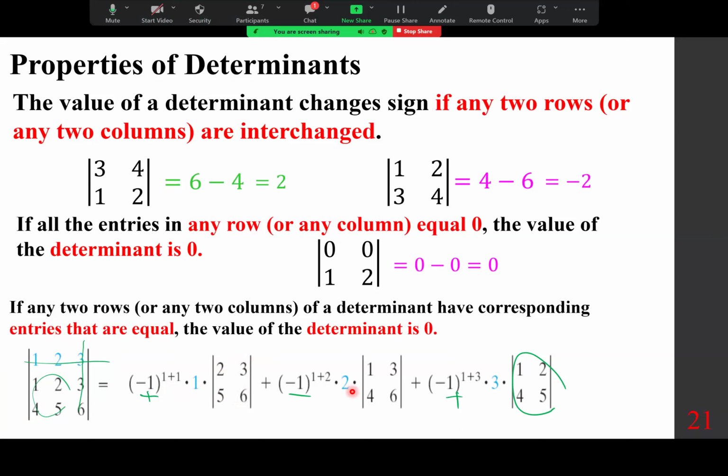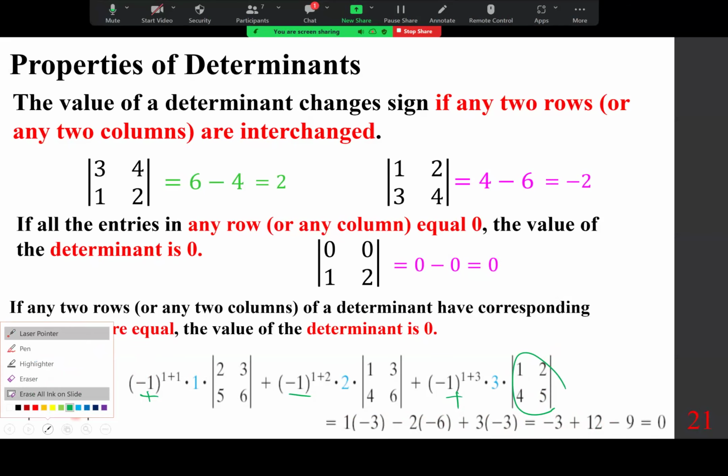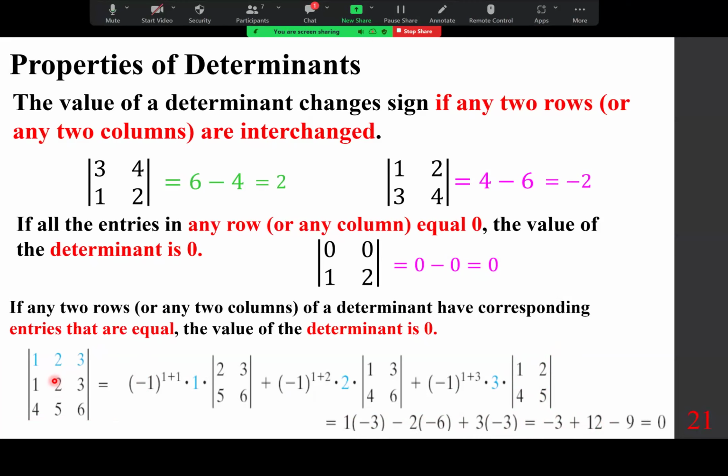So this is minus 2. 1 times 6 is 6, 3 times 4 is 12, their difference is minus 6. This is minus 3. 1 times 5 is 5, minus 8 is negative 3. And if you add them up, negative 3, positive 12, negative 9, they result in 0. So when two rows or columns are identical, the determinant becomes 0. So that's also nice to know, again, speeding up the process.